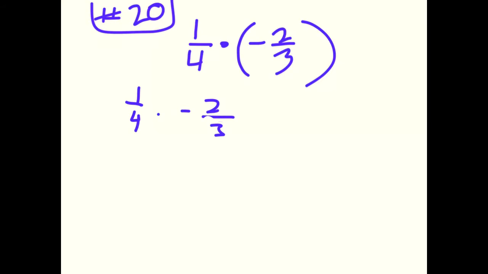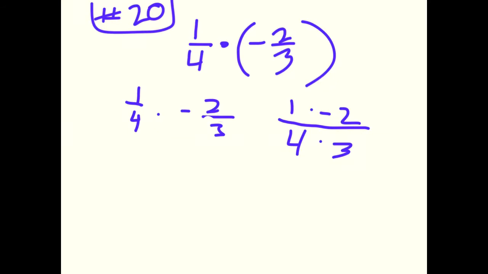So what you do is you have to write it out like this. Negative 2 over 4 times 3. So you multiply those. 1 times 2 is, or no, you don't do that.